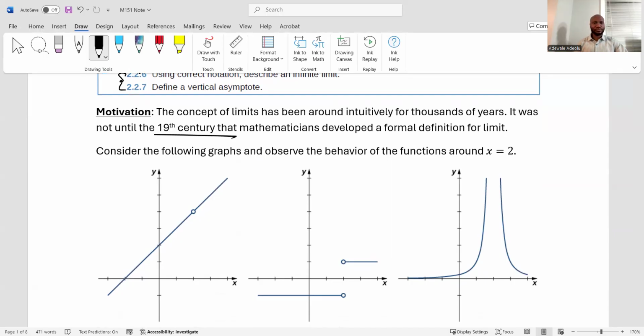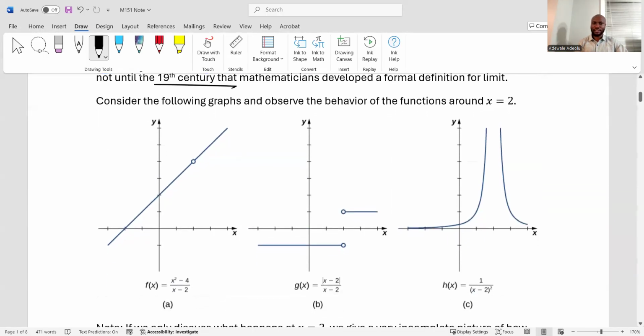Okay. So to begin, take a look at this function.